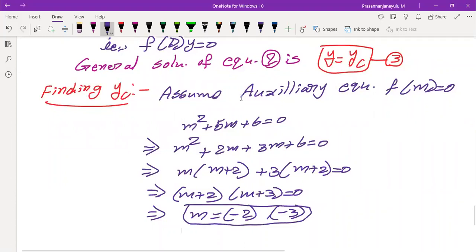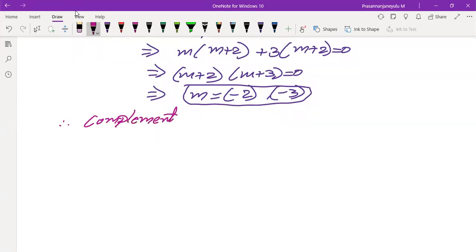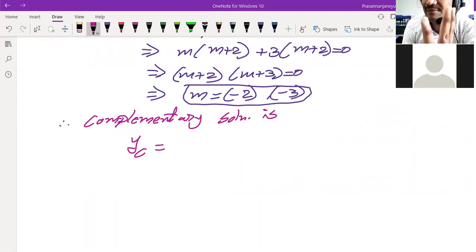When we have got the roots, we can find the complementary solution yc. Three types of roots we discussed: one is real, another is complex, another is surd.